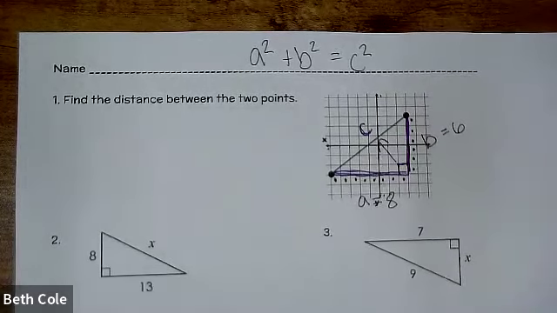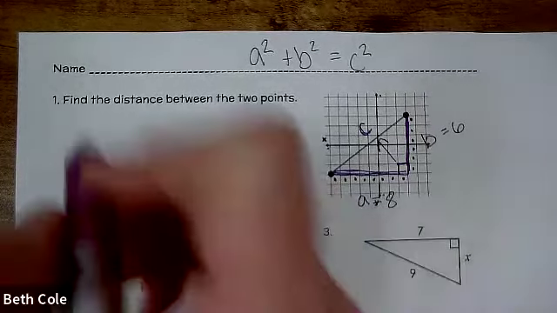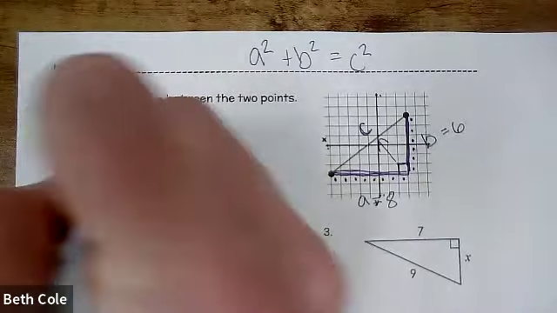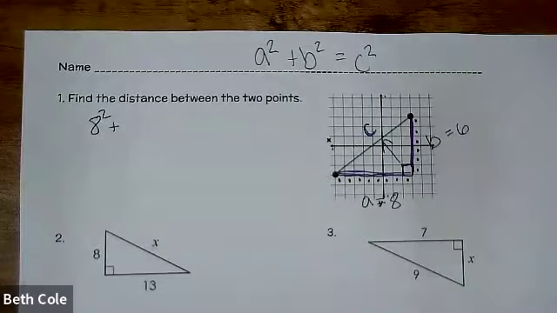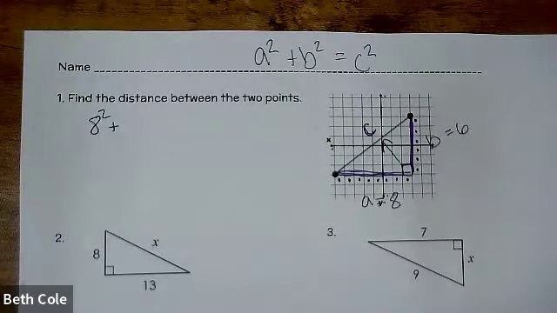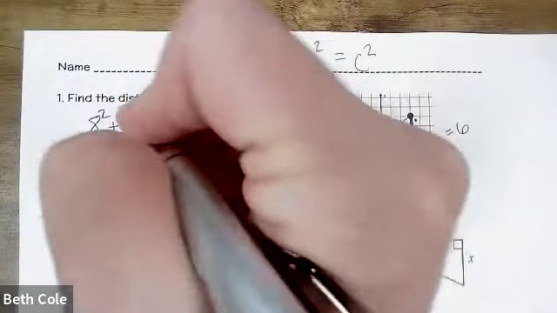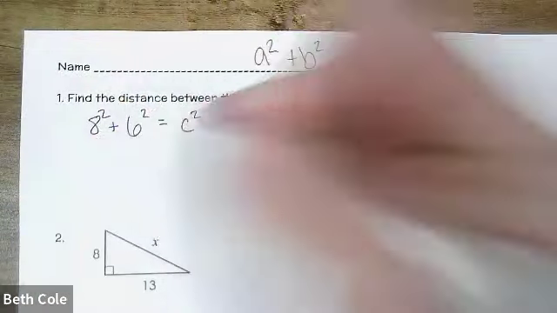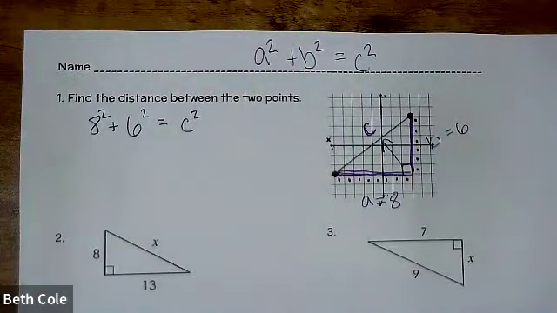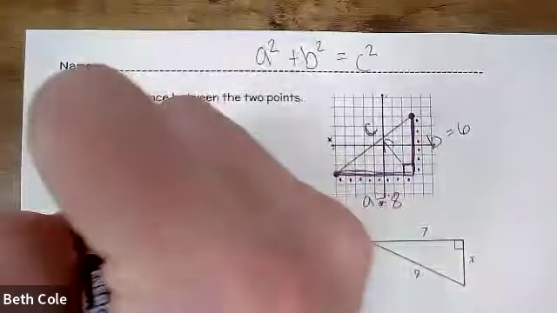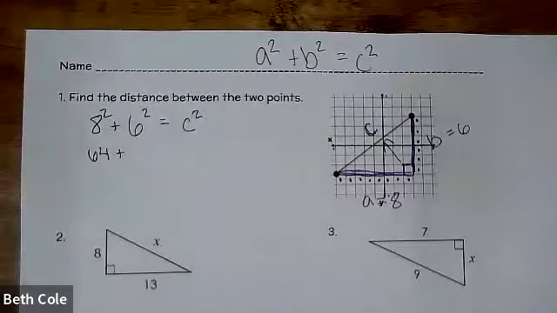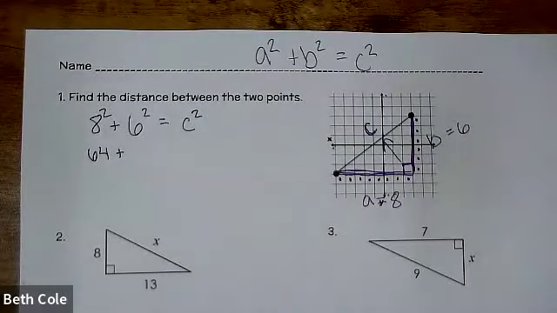And you're simply going to plug those numbers into your Pythagorean theorem. It's going to be 8 squared plus what? Good job. 6 squared equals C squared. I'm going to kind of be your calculator for the purposes of this. 8 squared, 8 times 8 is 64.